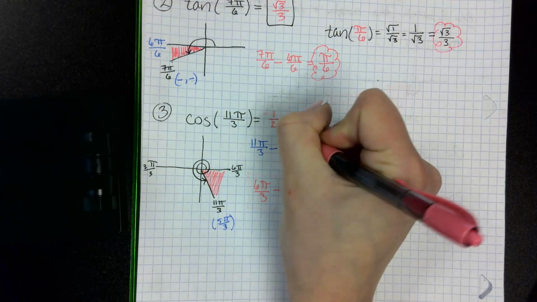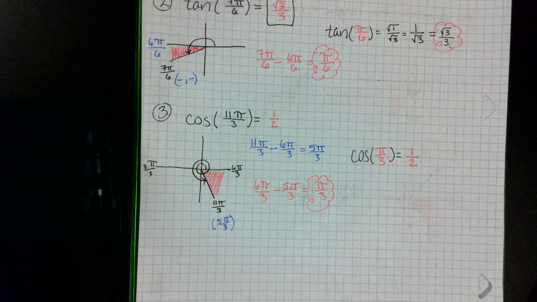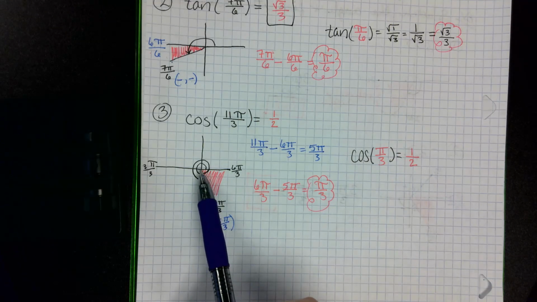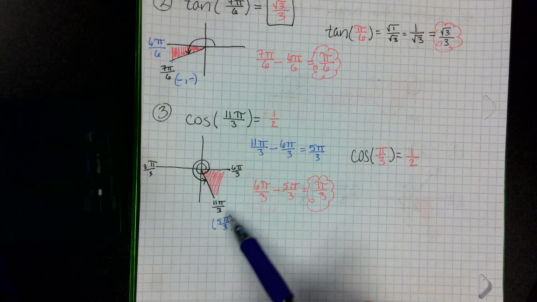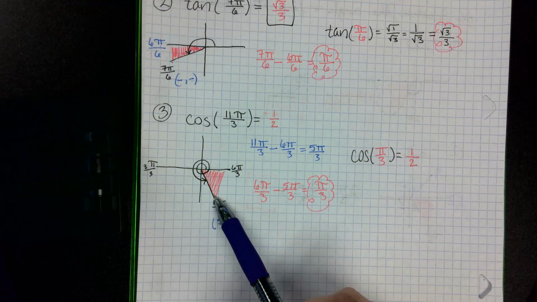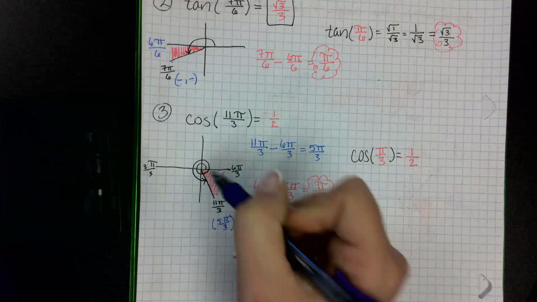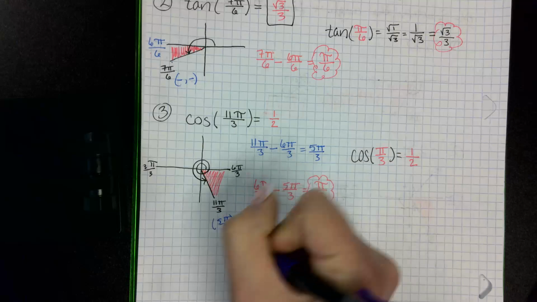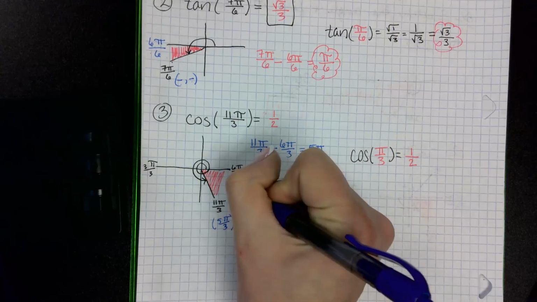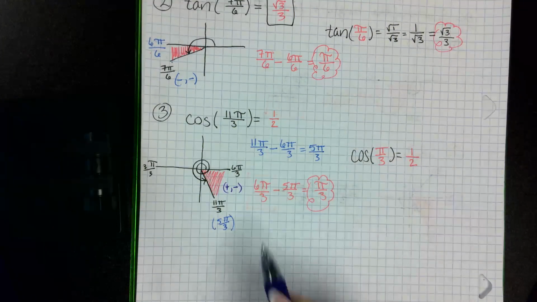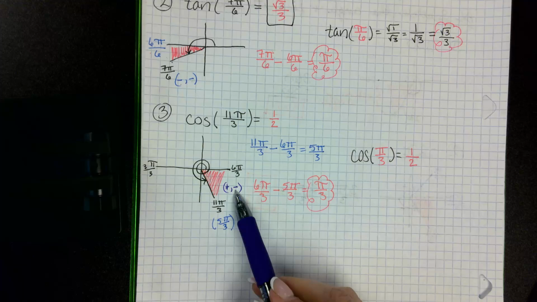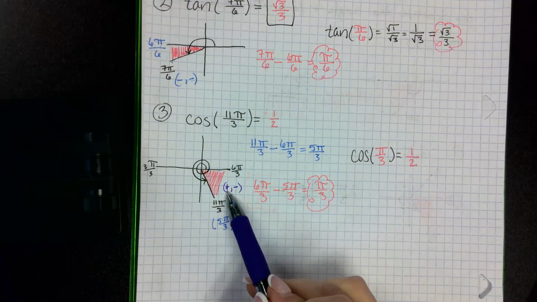I just have to figure out now, is that a positive half or a negative half? To figure that out, I'm going to come back to my sketch. Since I'm in quadrant 4, to plot a point there I have to go to the right and down. So I know that is a positive x and a negative y. So it's positive cosine, negative sine. This is cosine, and cosine is positive.